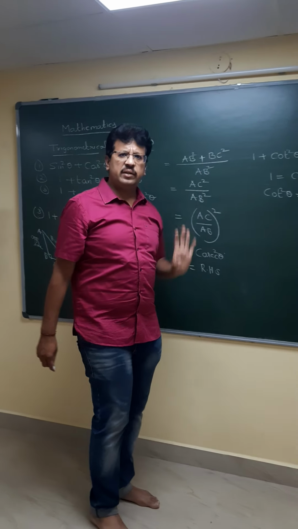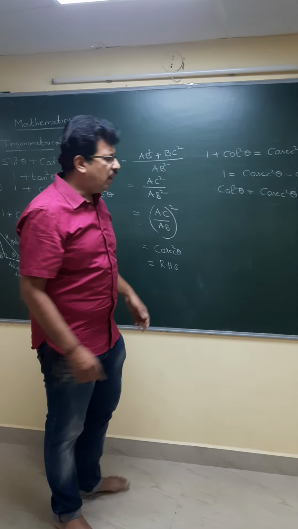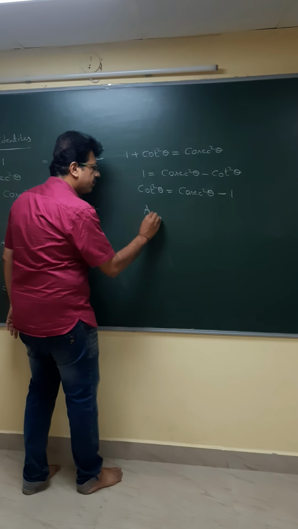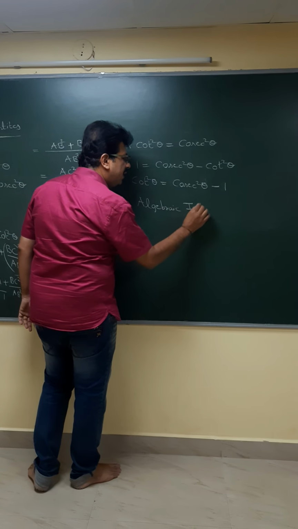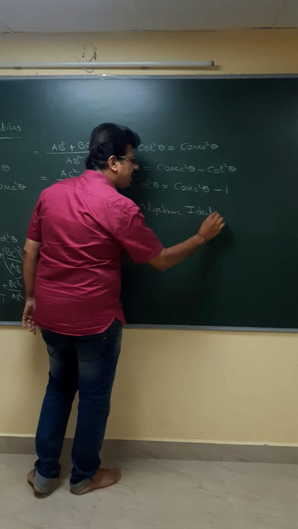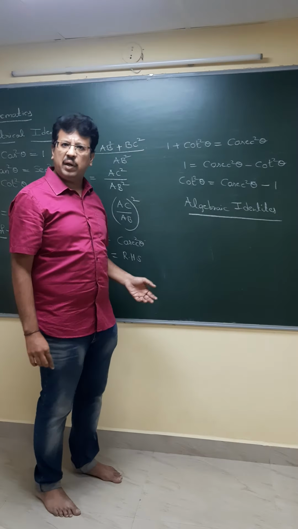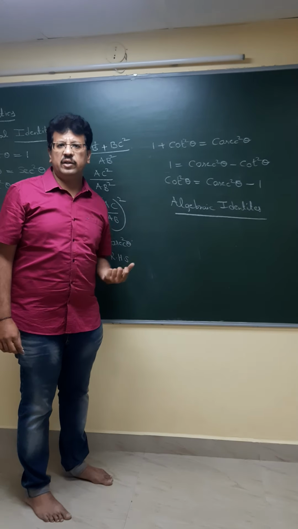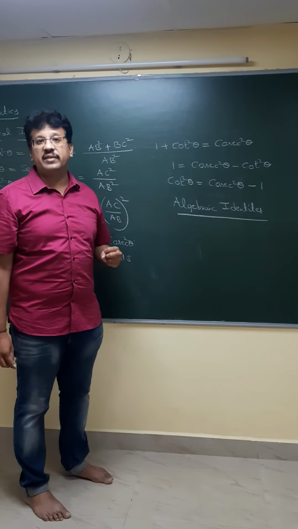Along with these identities, you have to recall some of the basic algebraic identities. These algebraic identities you learned in 9th standard, but let me recall them for you so that you will be thorough to solve the exercise.